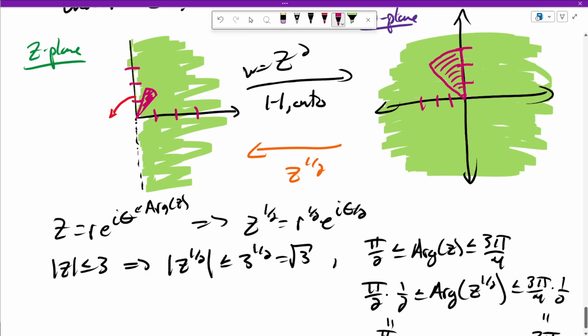So the image of that circular wedge under the principal square root function is this other wedge, which is much smaller.